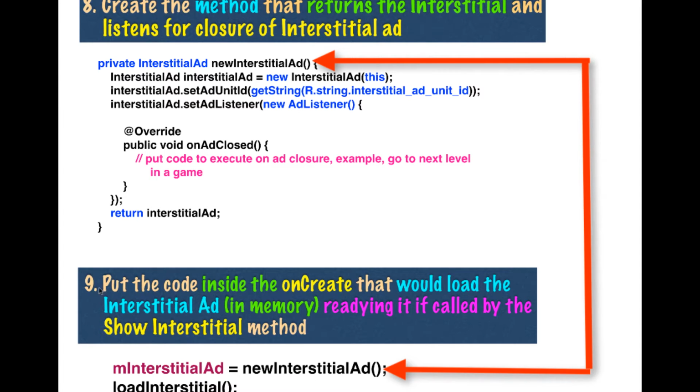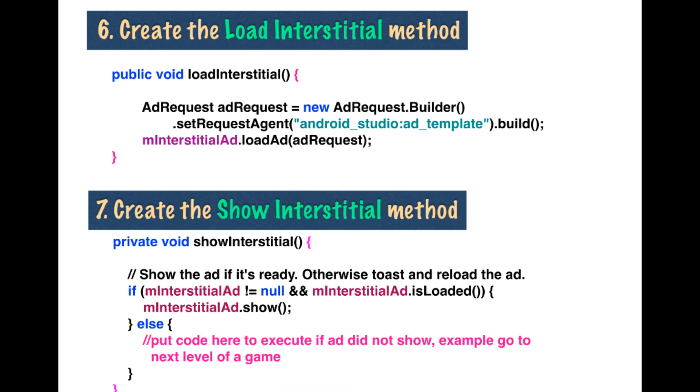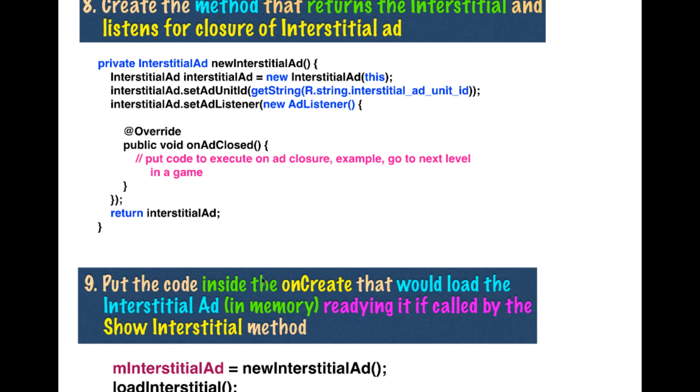And then next is number 9. You put the code inside the onCreate that would load the interstitial ad in memory, readying it if called by the show interstitial ad. So we have created a method on step number 6, which is create the load interstitial here. Of course, this method would not fire if you did not call it inside your onCreate.